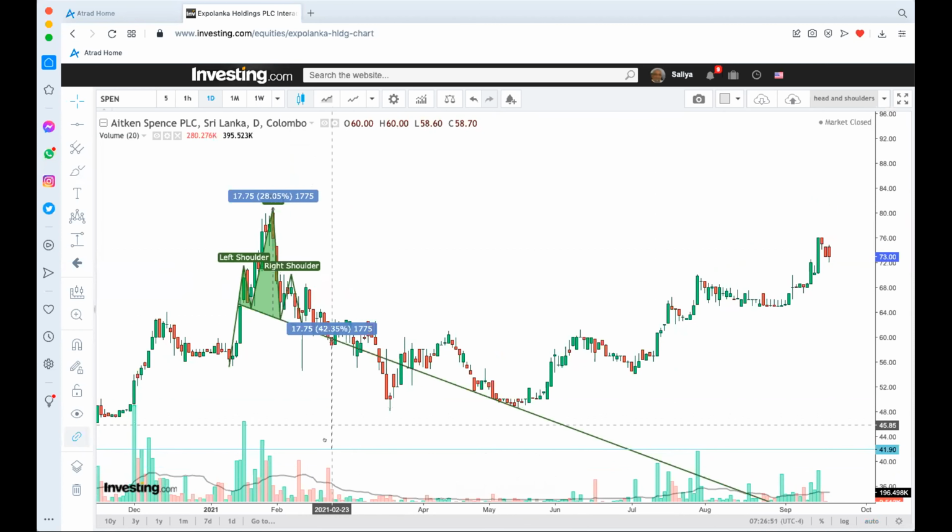It didn't come down to that level. That's why I'm saying when you see a projection like this, it is not that it has to come down to that level, right? But there is going to be an area where you might be able to capture part of that fall, right?